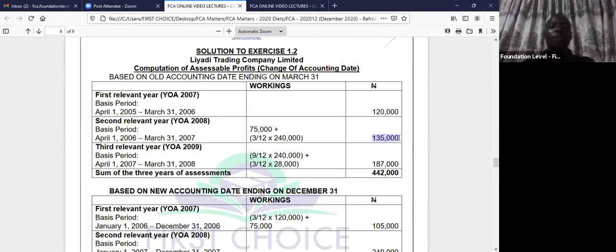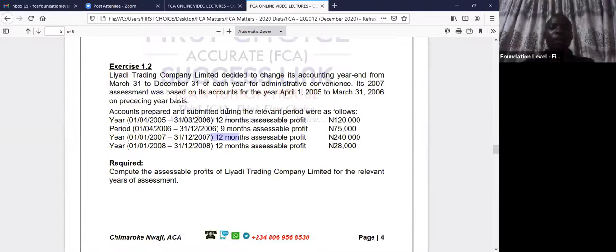Okay, now we go to the third year. The third year, we are still looking from April 1 to March. So we will get April 1 down to December, which is 9 months. So you are going to do 9 months out of 12 here.